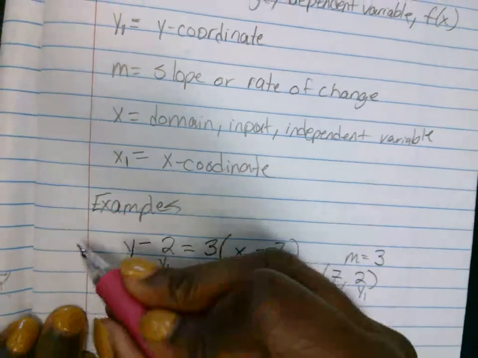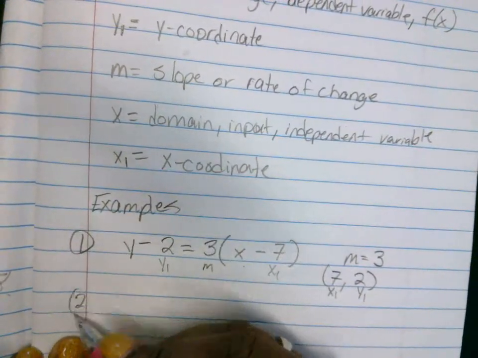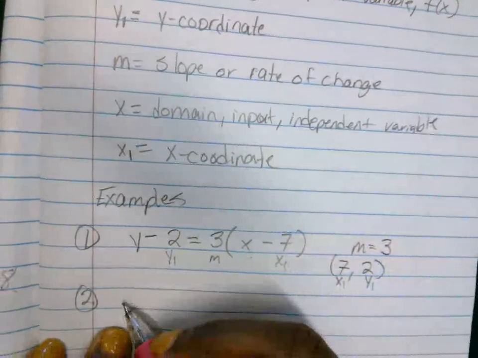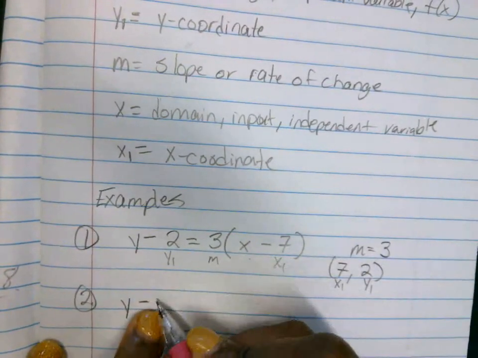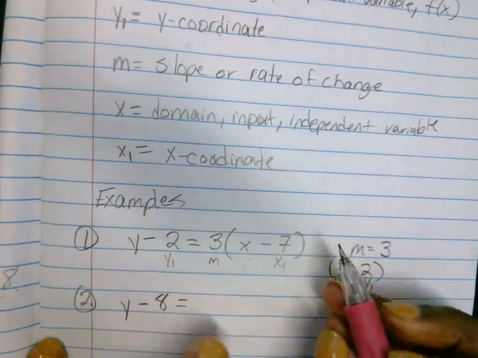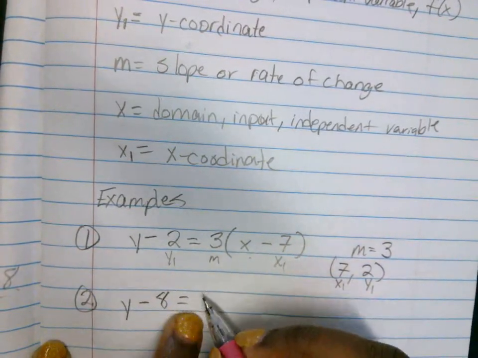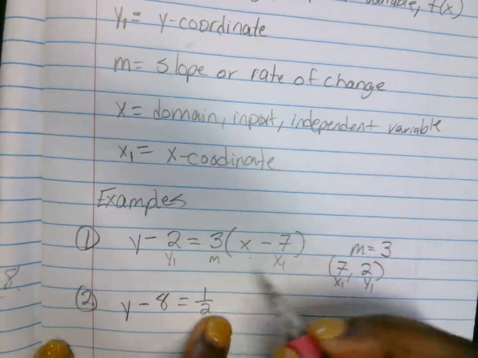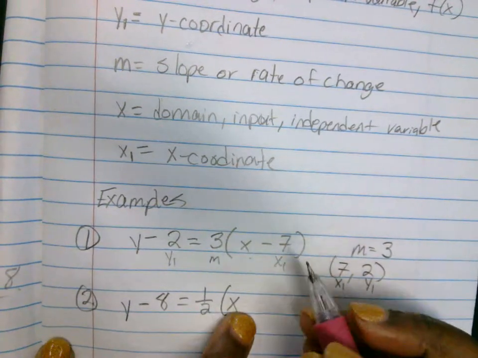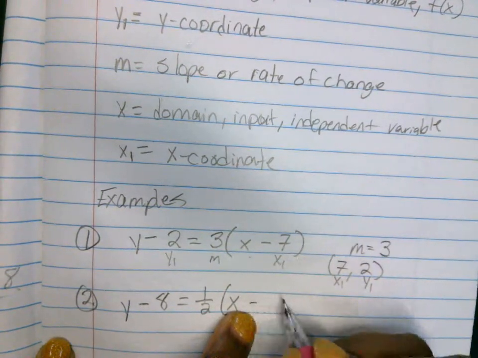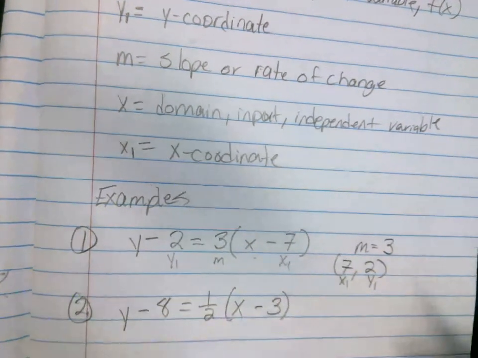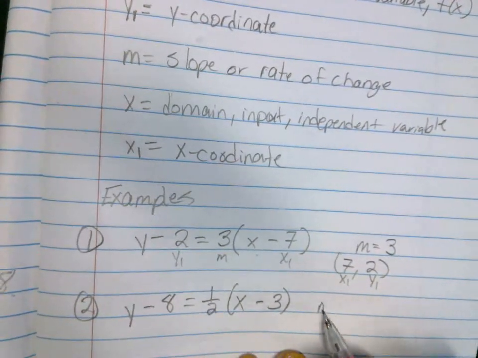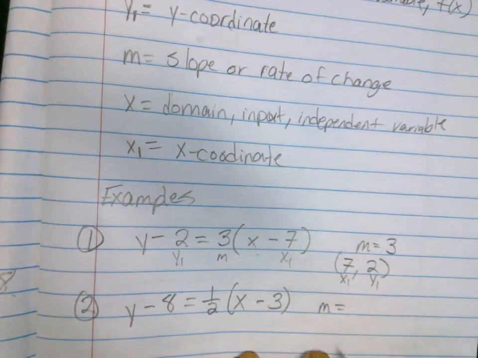All right, let's do another example. Y minus 8 is equal to 1/2 parentheses X minus 3. All right, so what information did they give you? They gave you the slope and they gave you a point.